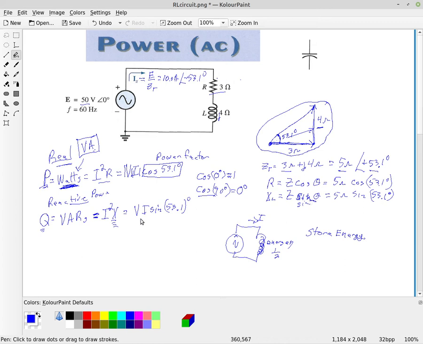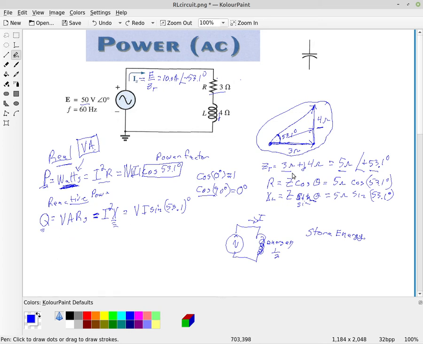And so when we calculate the power, same thing here. We have P and Q. P is real power, Q is VARs, volt amp reactive.